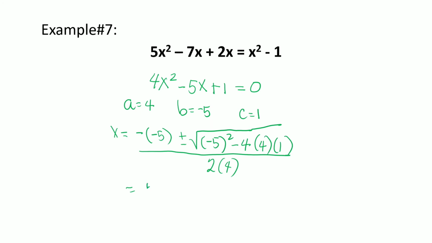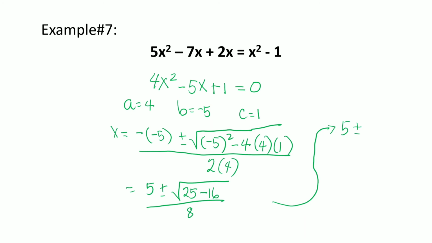So that will be positive 5 plus minus, now negative 5 squared is 25, 4 times 1 times 4, so that is 16, all over 8. So simplifying again, we have 5 plus minus 25 minus 16 is 9 over 8. 5 plus minus the square root of 9 is 3.